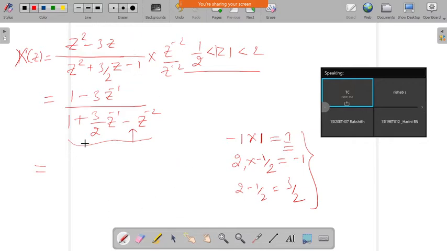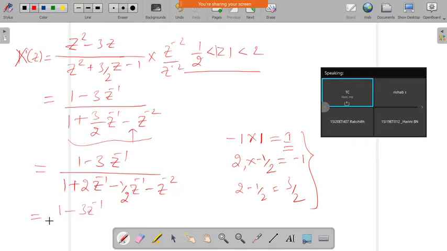Now if I put those roots, we get 1 minus 3 z inverse divided by 1 plus 2 z inverse for the plus term, and minus half z inverse, minus z power minus 2. Here you can take the common factor, which is 1 itself: 1 into 1 plus 2 z inverse.